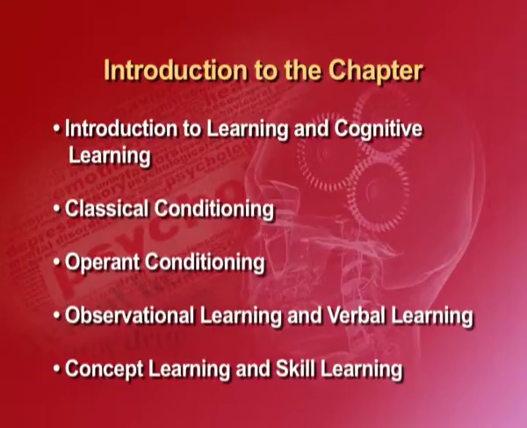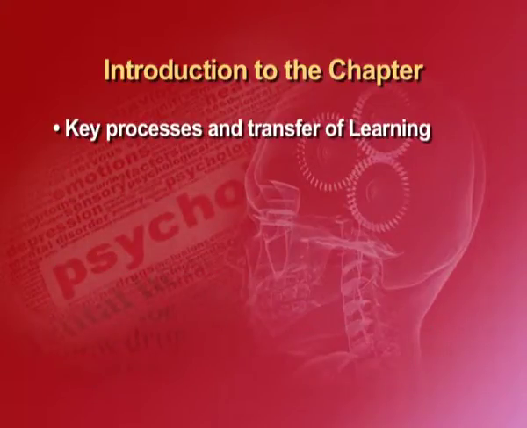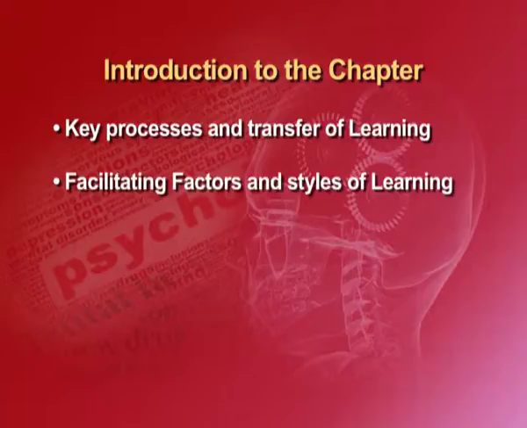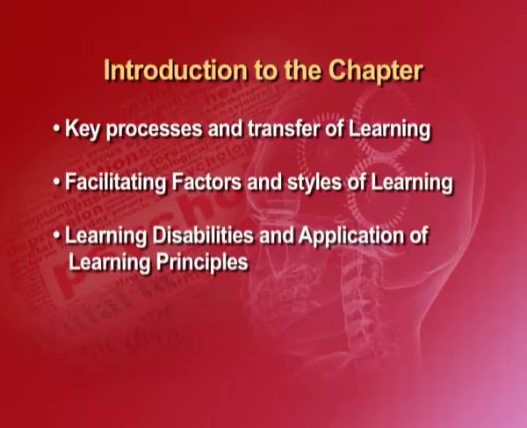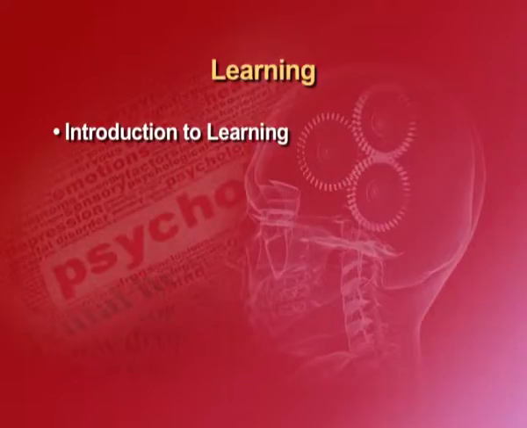Part 6 talks of key processes and the transfer of learning. Factors facilitating learning and different styles of learning are discussed in part 7. And the final part, that is part 8, talks of learning disabilities and the application of learning principles to your daily life. Here we begin with part 1, that is the introduction to learning.